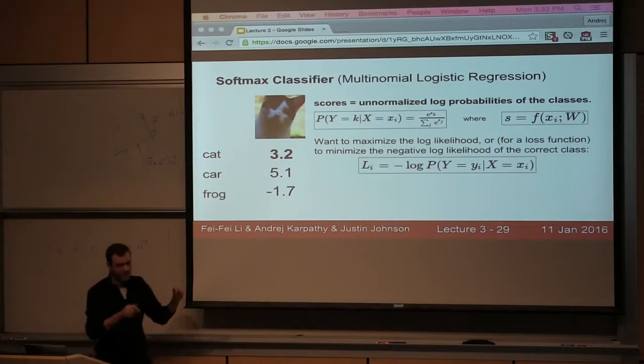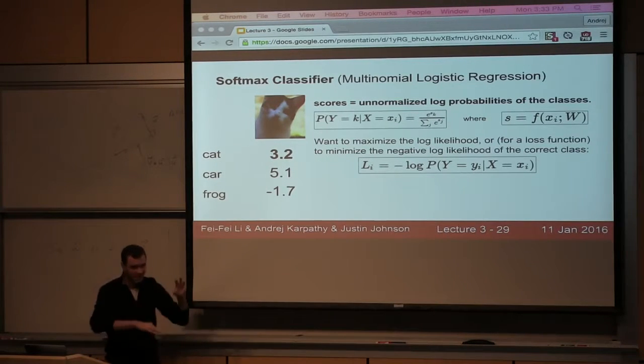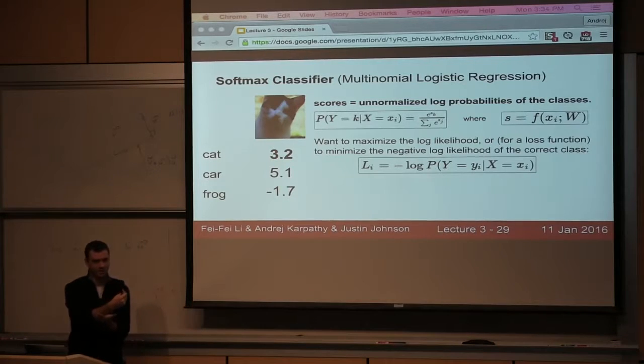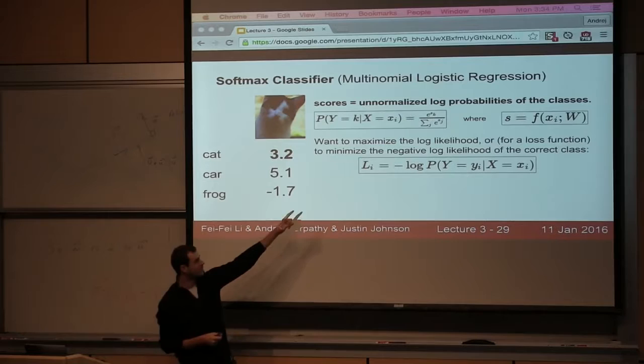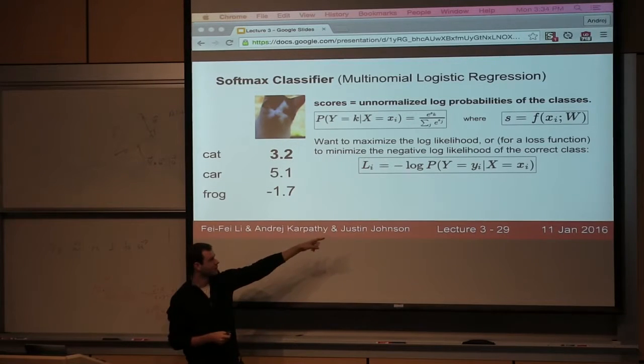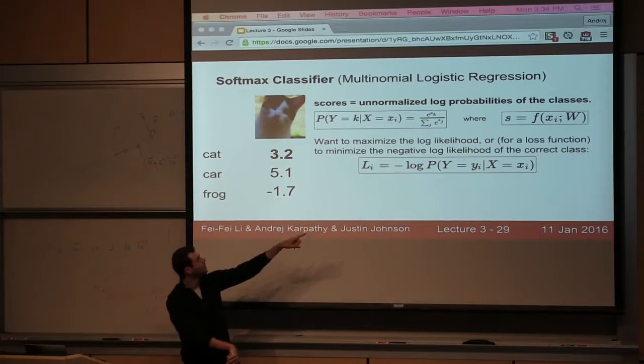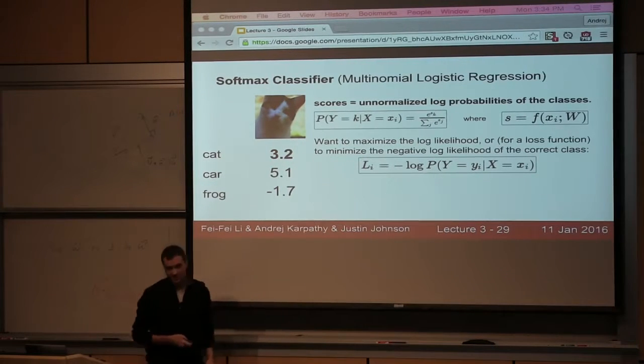And since we're writing a loss function, we want to minimize the negative log likelihood of the true class. So our loss function is: we want the log likelihood of the correct class to be high, so the negative of it should be low. And the likelihood is the softmax function of your scores.